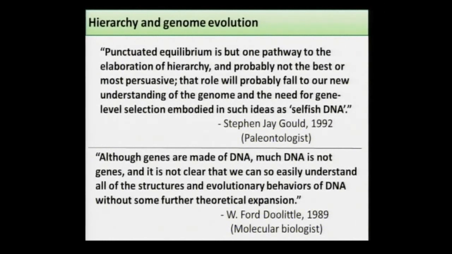That role will probably fall to our new understanding of the genome and the need for gene-level selection embodied in such ideas as selfish DNA." So the notion there is that these transposable elements evolve and reproduce inside the genome. There's a level of intragenomic selection going on, and that this can then be linked to higher levels, like the organismal phenotype. And it's interesting to me that although I don't think these gentlemen ever read each other's papers, there was another one by a molecular biologist who said more or less the same thing, but coming from the opposite perspective.